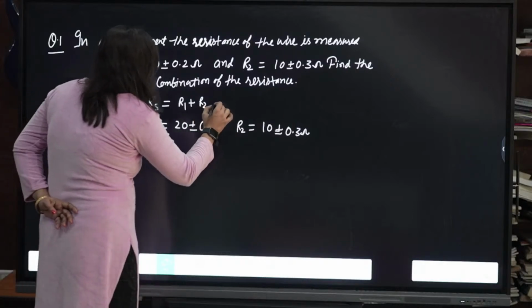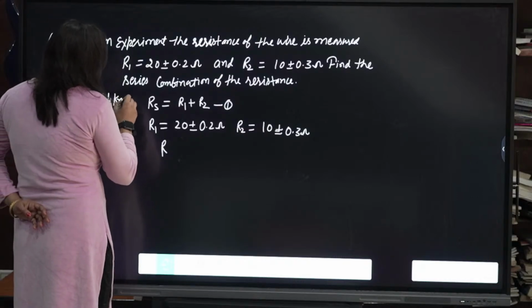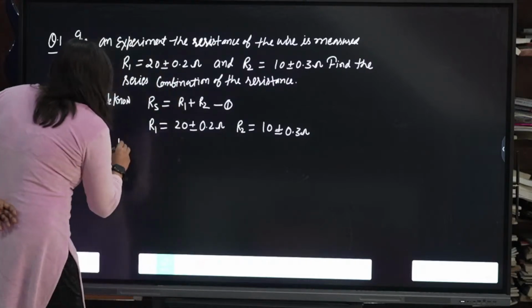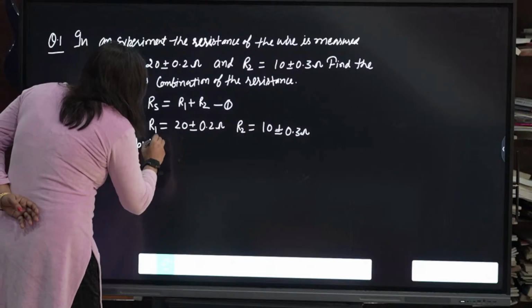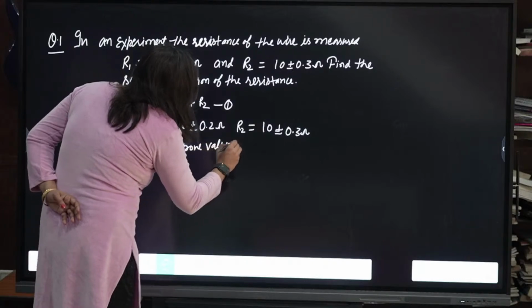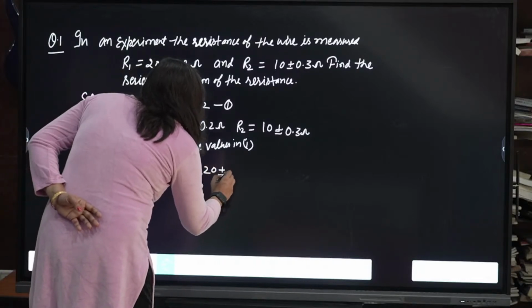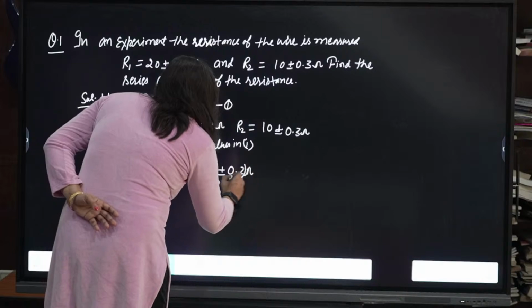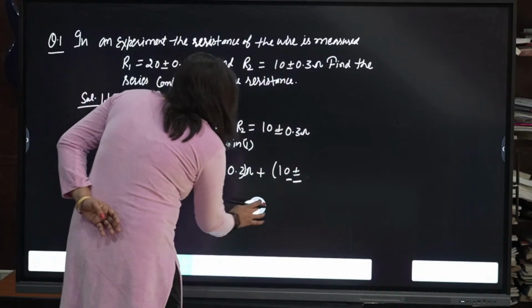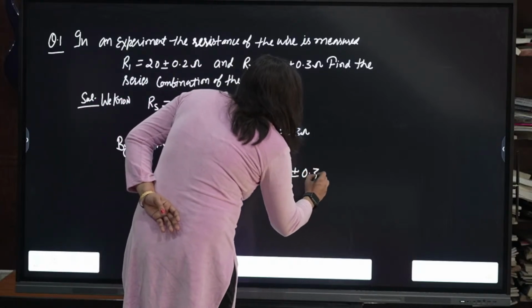By putting the above values in the formula, Rs is equal to 20 plus minus 0.2 ohms, and here plus 10 plus minus 0.3 ohms.